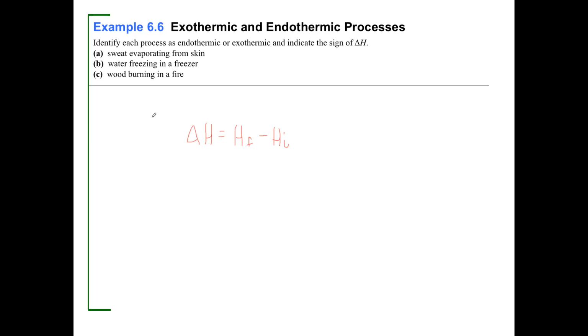Final minus initial for A: in the beginning it's sweat, and it becomes evaporated. Oops, no, sorry, I had it the other way around. Is that going to take heat in from your skin or let heat into your skin? Well, it's taking heat from your skin, right?